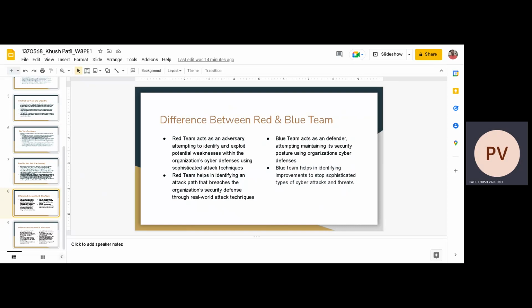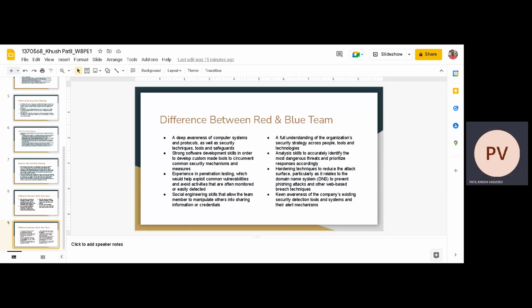A blue team acts as a defender, maintaining its security posture, understanding and analyzing threats, and identifying improvements to stop sophisticated types of cyber attacks. The red team helps in identifying the paths that breach the organization's security defenses using real world attack techniques.